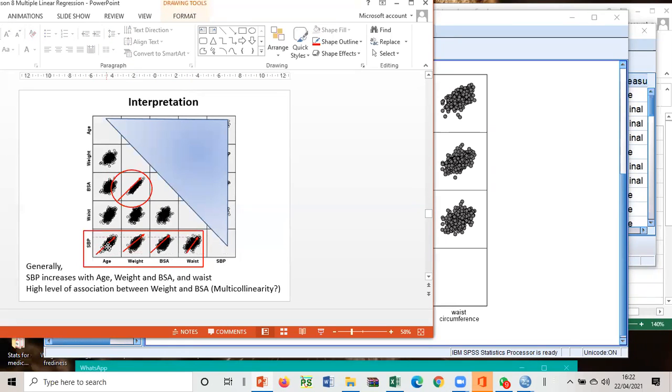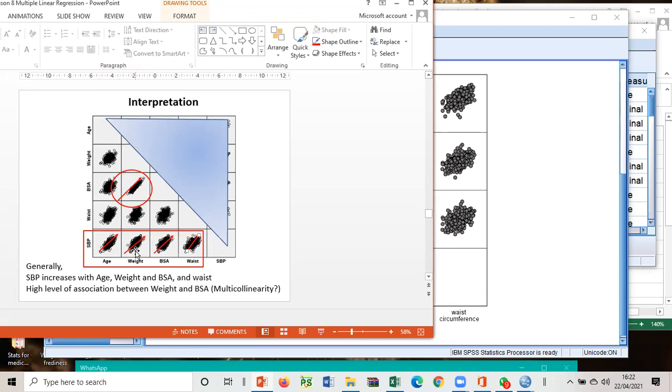Now, how do you express BP versus age? Is there a pattern? Yes. Is there a positive pattern? Yes. Higher the age, higher the BP. What about weight? Same. BSA? Same. Waist? Same. How many variables here? 4. Okay.